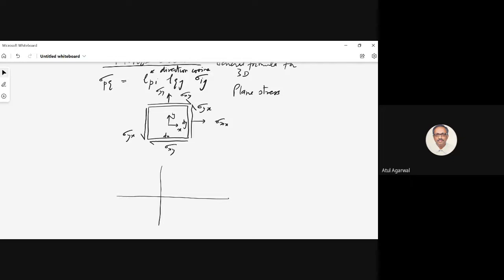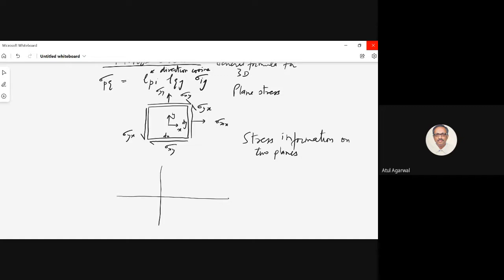How do I draw a Mohr circle for this? What is done in a Mohr circle is you identify two faces. Here you are given stress information on two planes. So what are those two planes? Stress information is there.